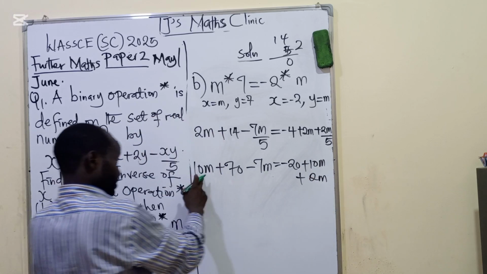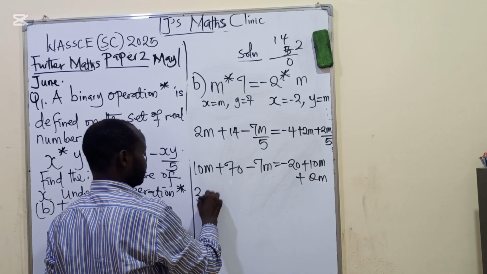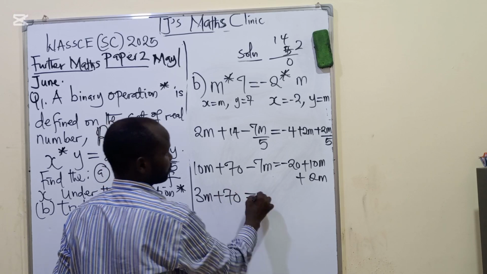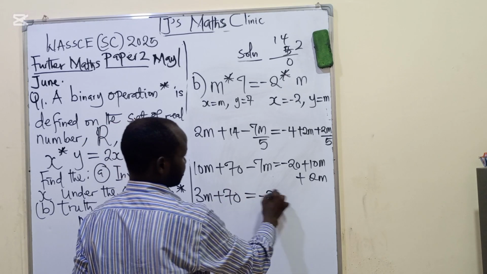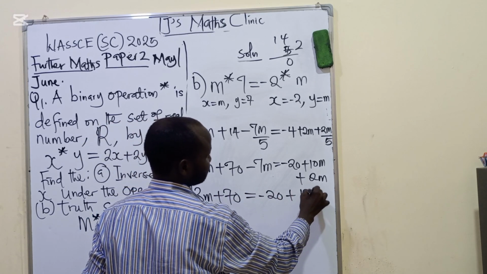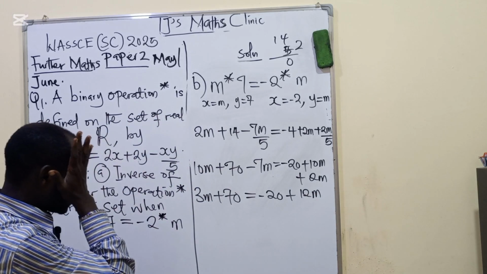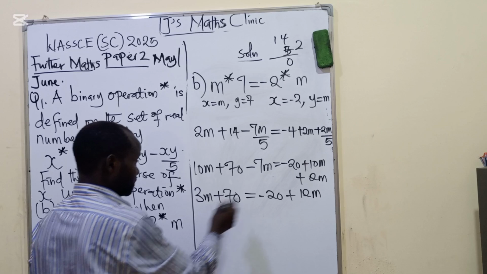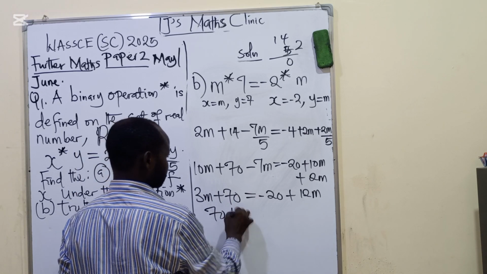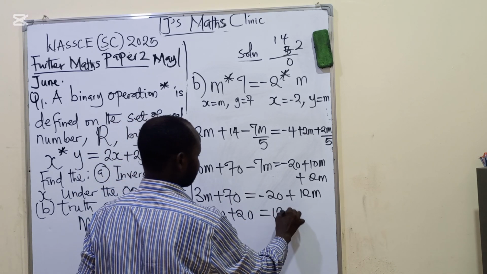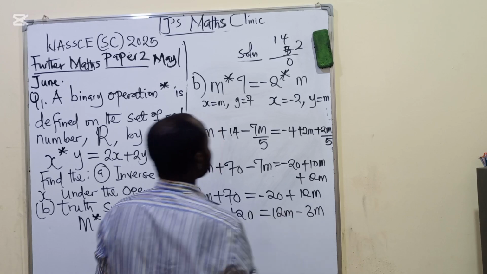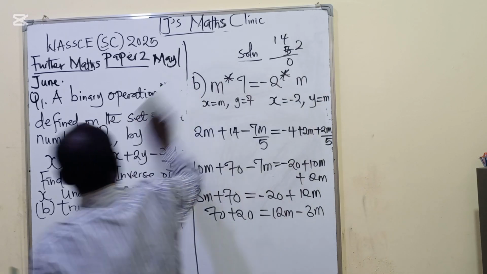Let's work on this side. 10M minus 7M, that will be 3M, plus 70 will be equals to minus 20 plus 12M. Let's collect like terms and see what we can get. This will be 70 plus 20 will be equals to 12M minus 3M. Our aim is to find M.